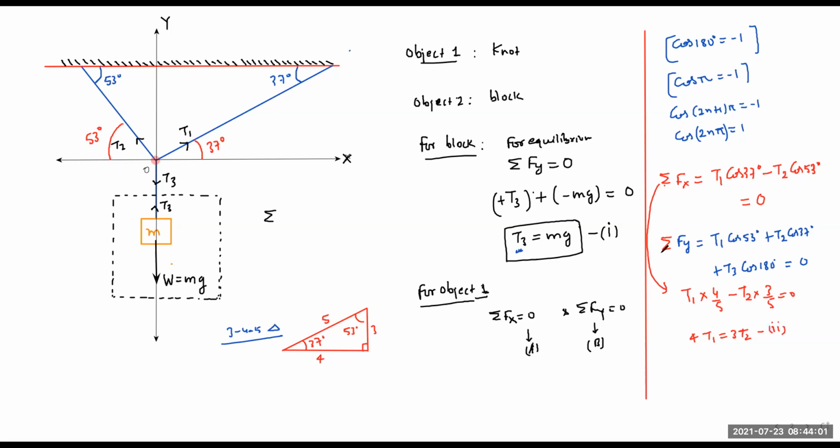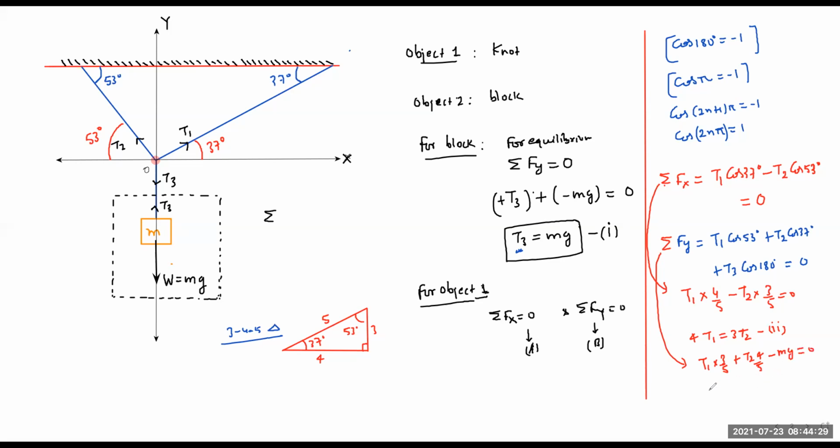And if I call this expression, what I'll get is t1 and cos 53, which will be 3 by 5, right? Plus t2 times 4 by 5 and then t3 minus t3. So can I substitute the minus directly as mg?